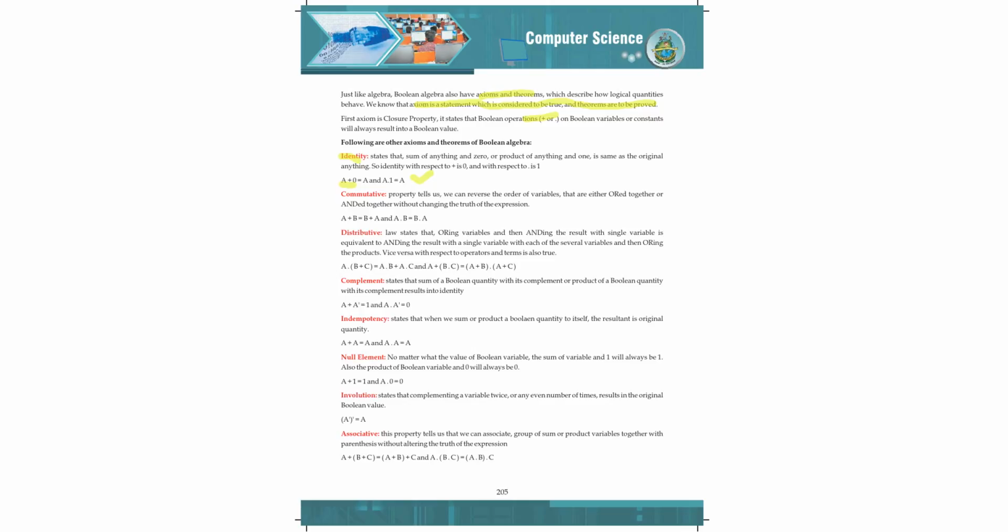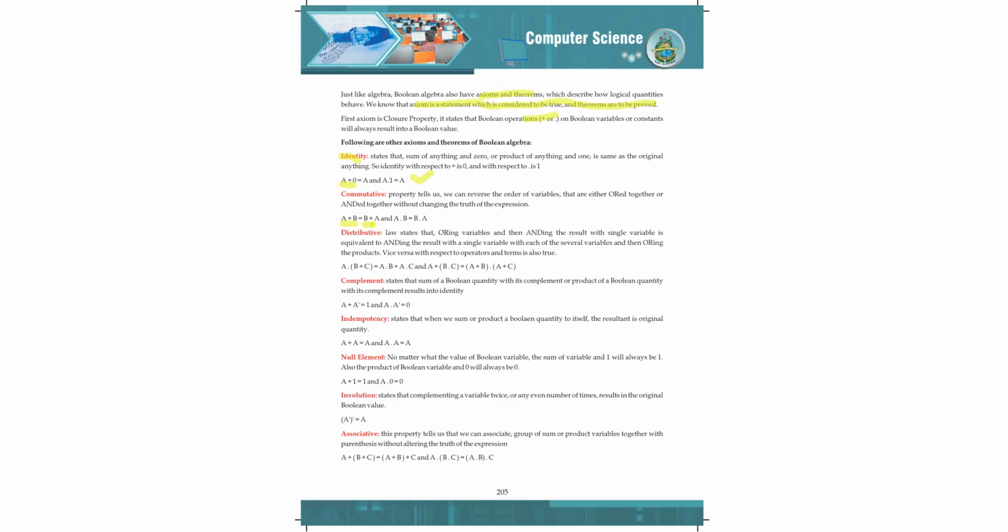Commutative. Commutative means if you are adding two numbers, A plus B, and you reverse the values, the result will be the same. A plus B is equal to B plus A, and A dot B is equal to B dot A. Next is distributive.